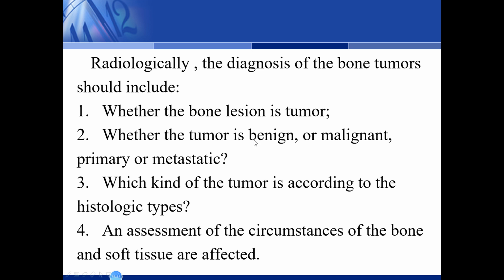Whether the tumor is benign or malignant, primary or metastatic. 3. Which kind of tumor it is according to the histologic types. 4. An assessment of the circumstances of the bone and soft tissue affected.